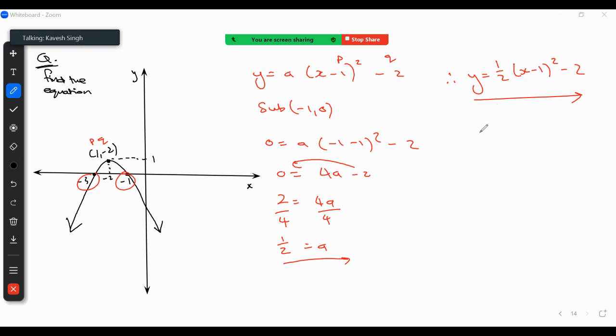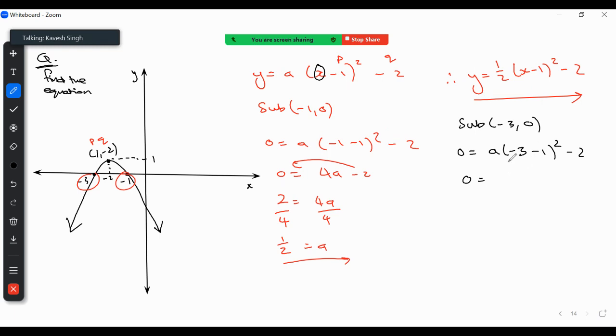So if I substitute -3 in here, then I end up with 0 equals a(-3 - 1) squared - 2.